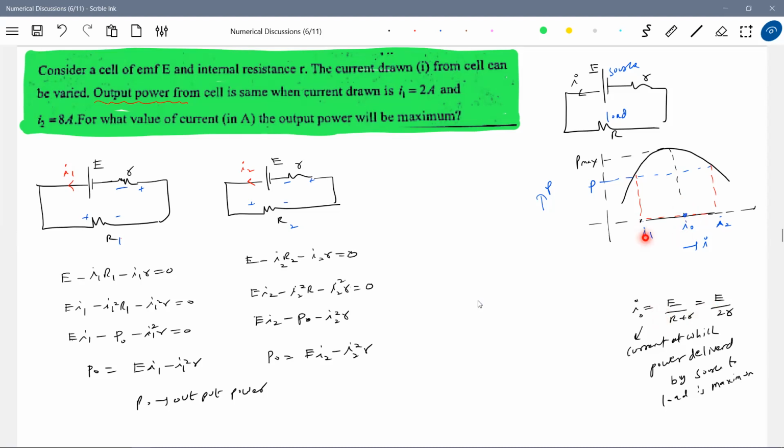What is I1? We should write. The biggest problem is that it is telling us the output power from the cell is the same, and the current drawn is I1 and I2. Only that much information is what we have.